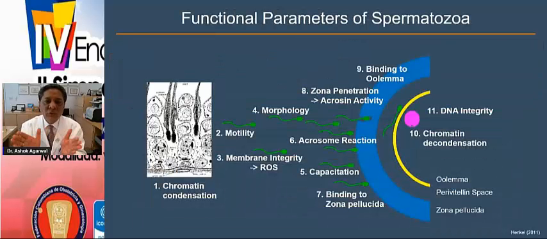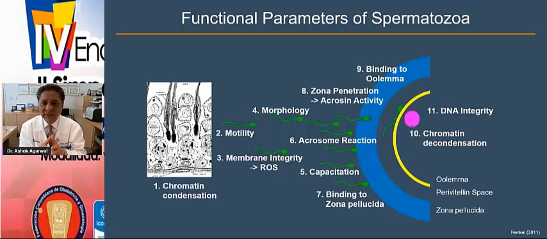So why is it? Because there are so many functions that the spermatozoa are engaged in after they are produced by the testis and released from the testis to the ejaculatory duct, and then, through the process of conception, transferred to the female reproductive tract. And you can see there are a number of changes that the sperm must go through in order to be prepared for the process of fertilization.